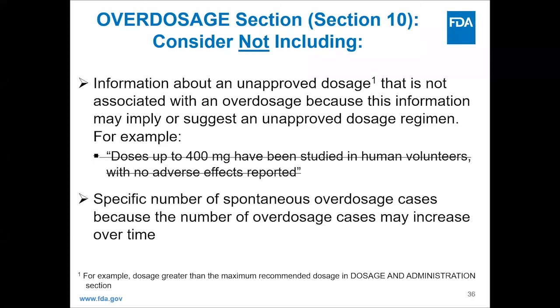And usually for a safety evaluation, we want a certain number of patients to receive the drug for a certain period of time, a certain number at 6 months, a certain number at a year to see the overall safety profile. Generally, we recommend folks to consider not including the numbers of patients experiencing overdosage because that changes all the time, and the labeling takes time to update.